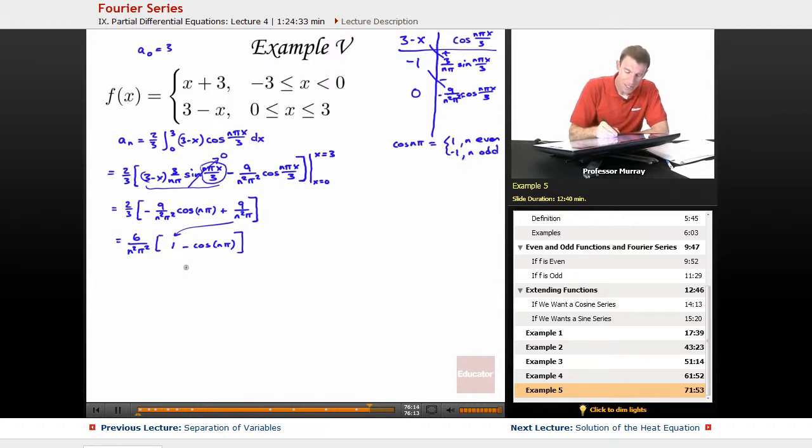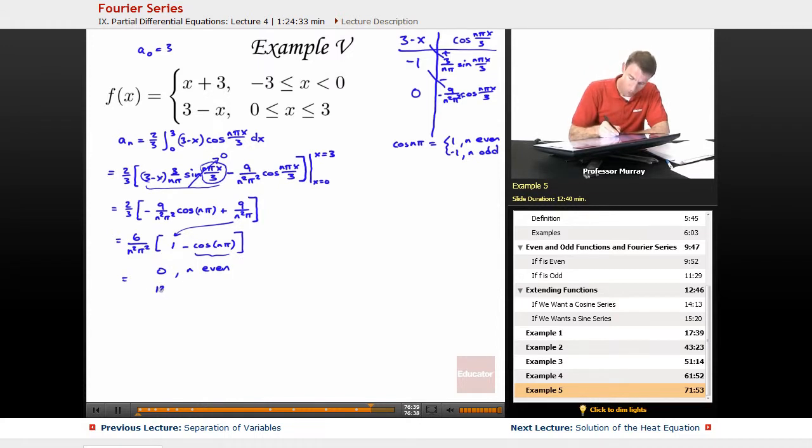So if n is even, cosine of n pi is just 1, so we get 1 minus 1, so it's 0. So this is 0 if n is even. And if n is odd, then cosine of n pi is -1, so we get 1 minus -1, which is 2.